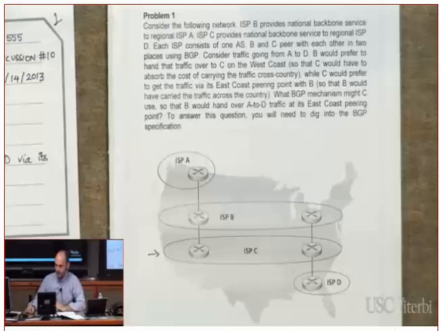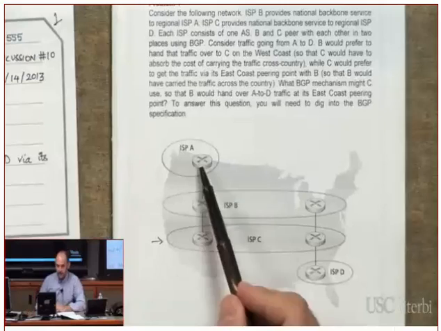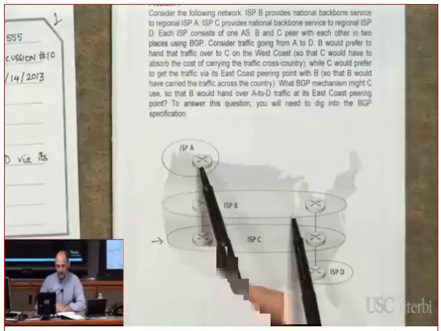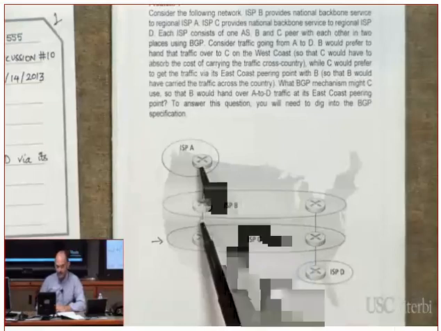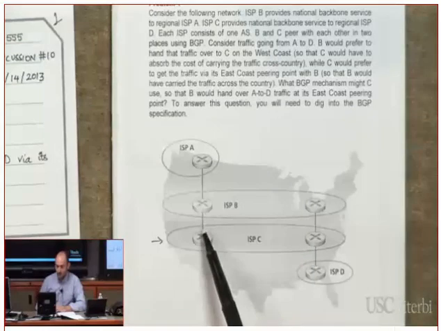So the idea is that C will not advertise the route to D. The peering point is known, but the route to D is not known, right? The point is that C will try to hide, or it will advertise only reachability to the autonomous system in ISP-D.